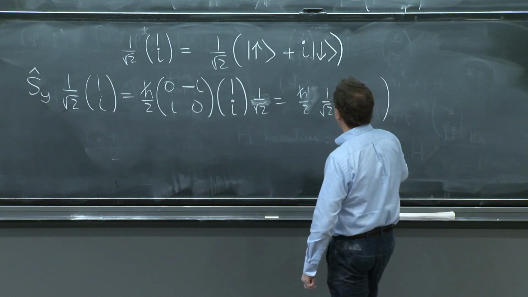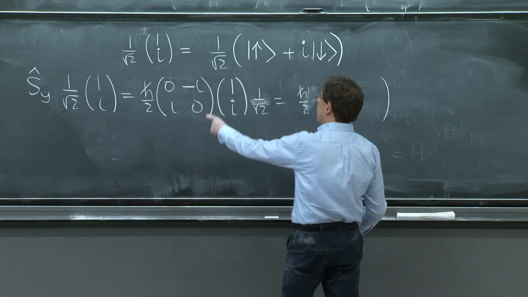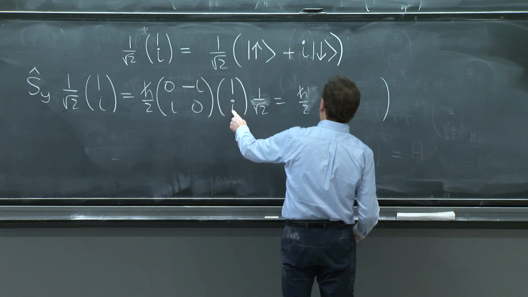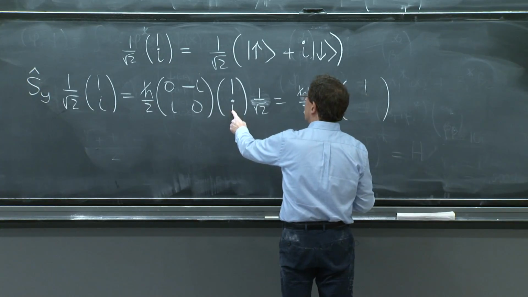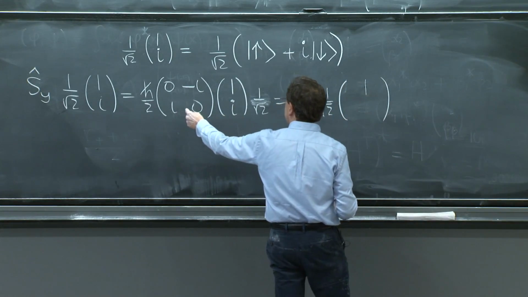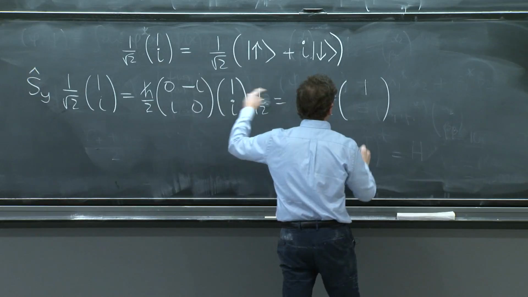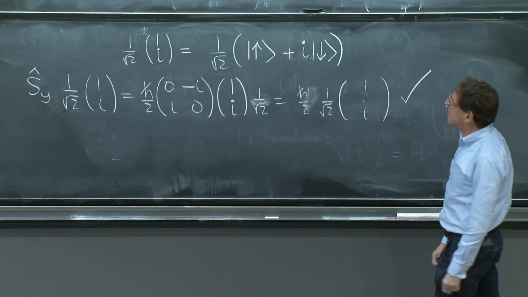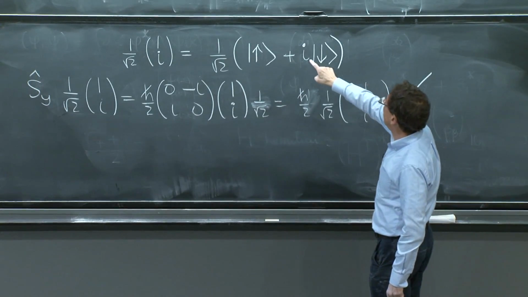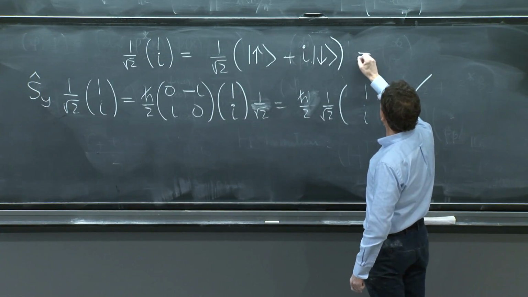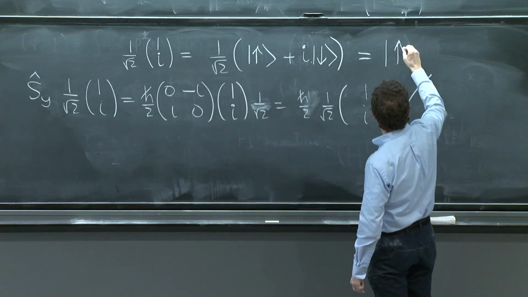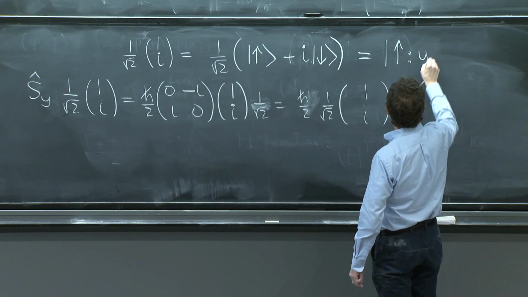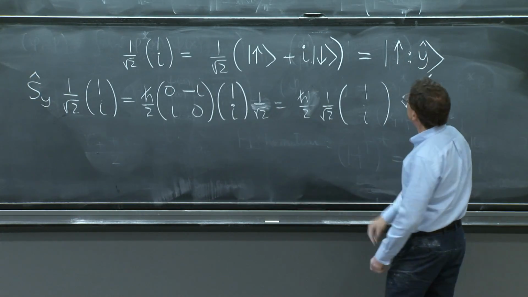And let's see what we get. Minus i times i is 1. And the second one is i. We get the same state. Yes, it is an eigenstate. So with a plus i here, this is the spin up along the y direction.